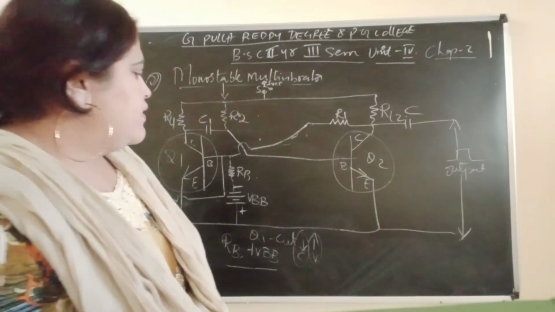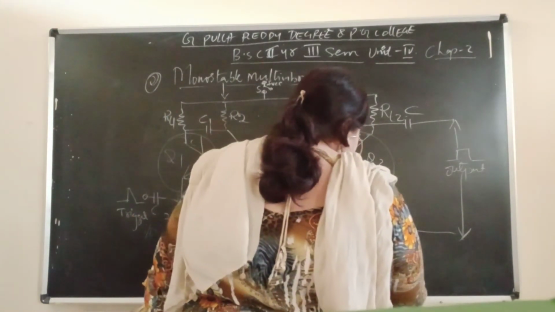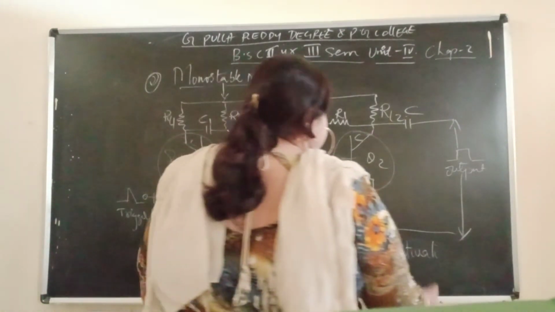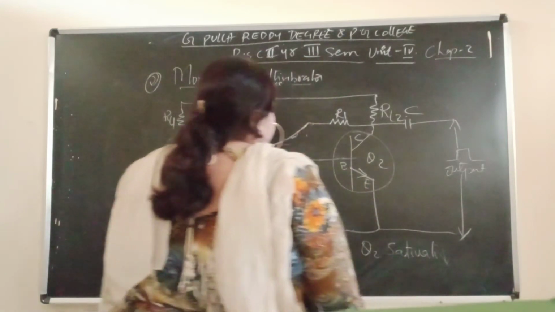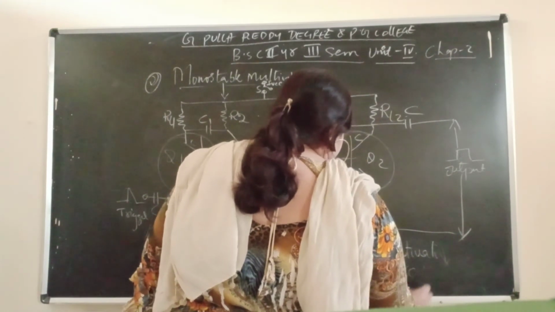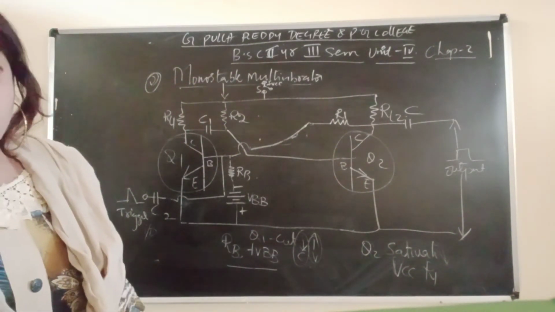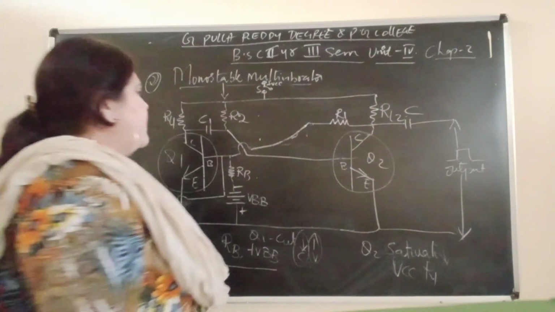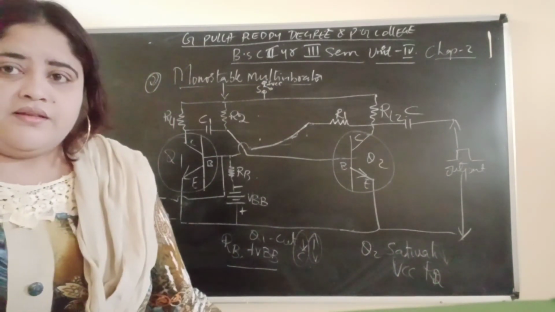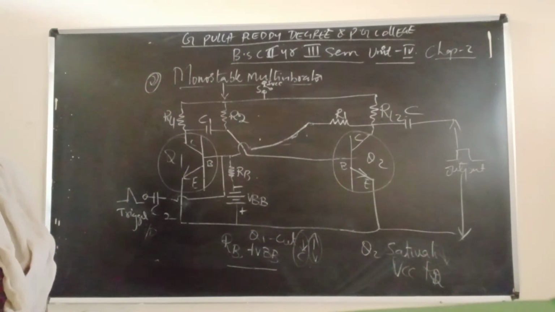Okay. Now, what will be the position of Q2? Q2 will be in saturation, with the help of plus VCC and resistor R2.